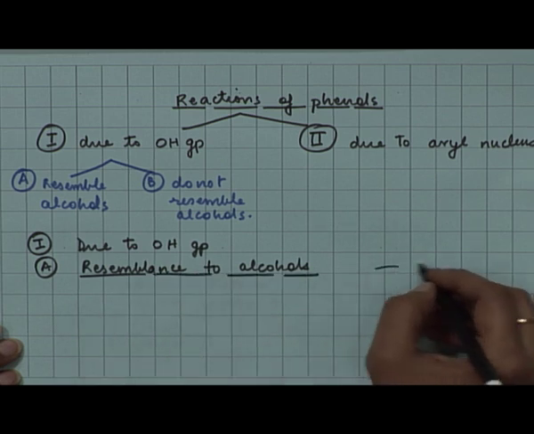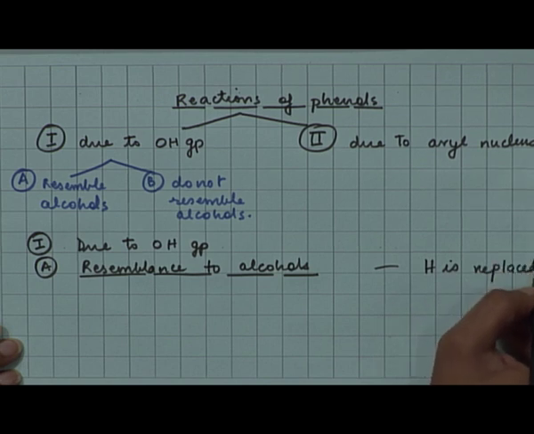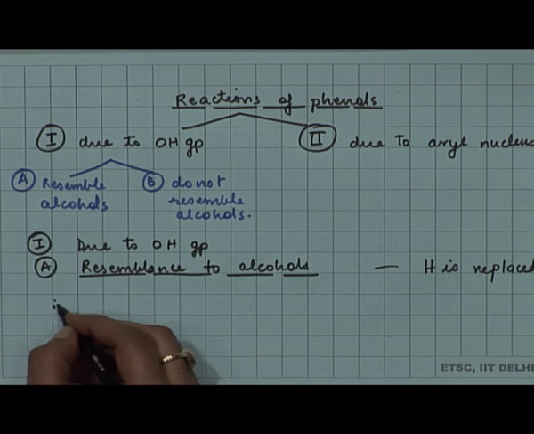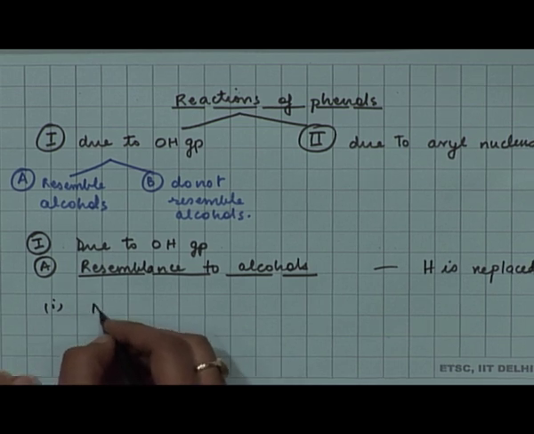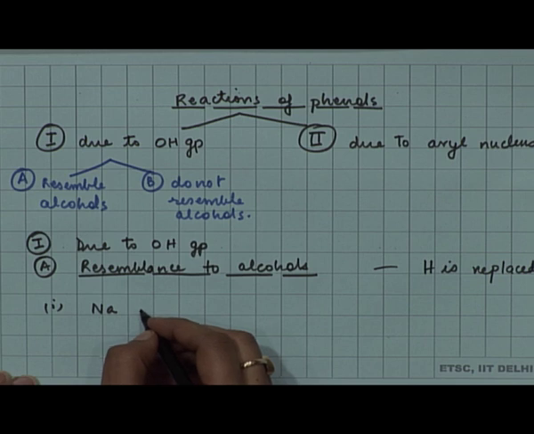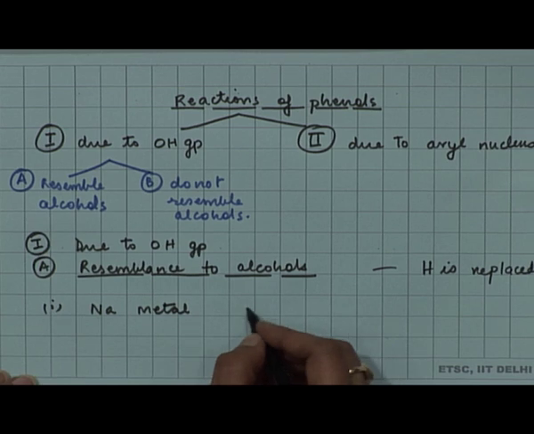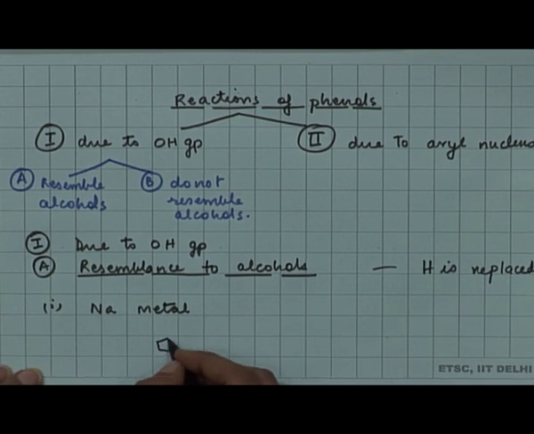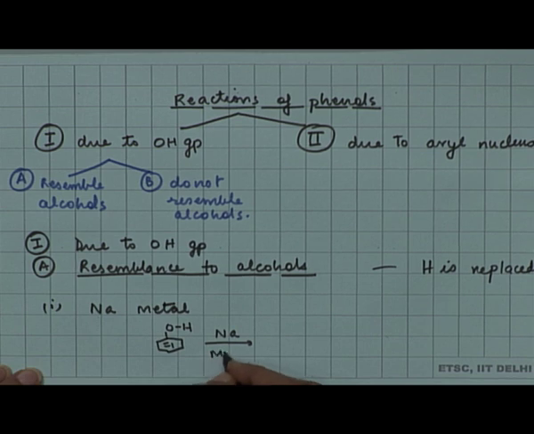Let us look at some of those reactions in which first a hydrogen is replaced. When a hydrogen is replaced in an alcohol, the first thing, if you remember, we saw was the reaction with a sodium metal. So, the way alcohols were reacting with sodium metal, phenols are also capable of reacting with the sodium metal.